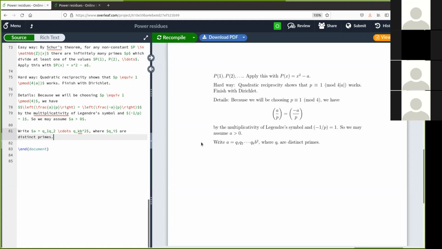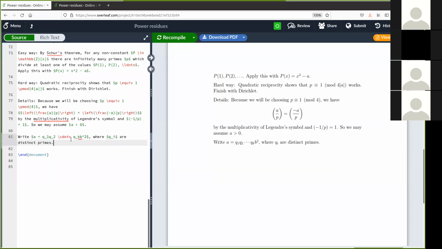We kind of take the square free part of A out. Well, this is not precisely the square free part, but we take the largest squared divisor of A out in the factor B, because that doesn't affect the value of the Legendre symbol.